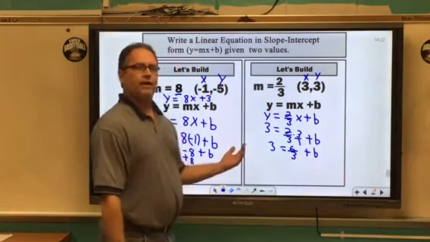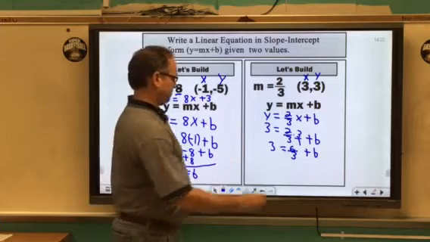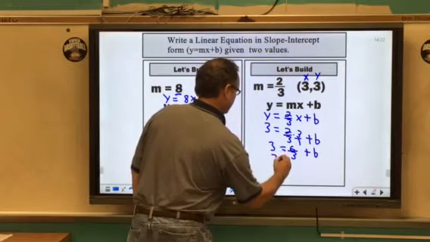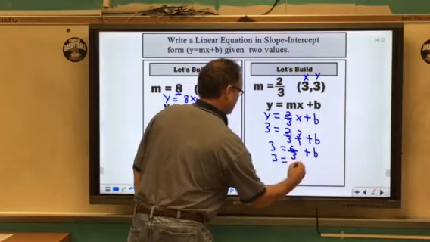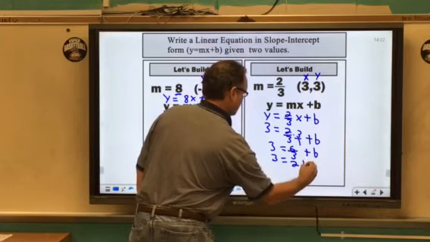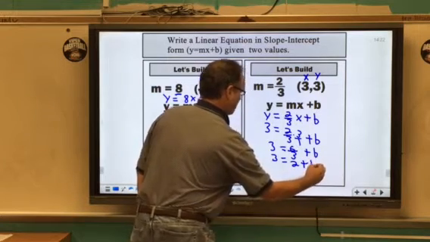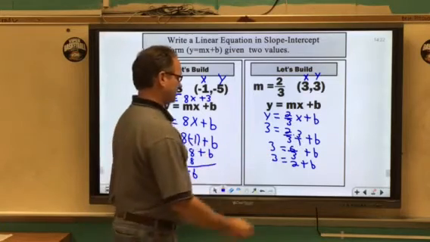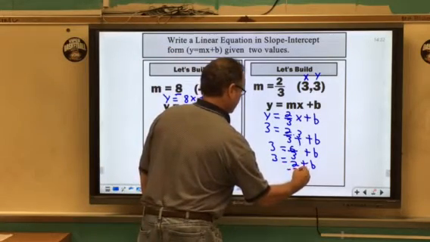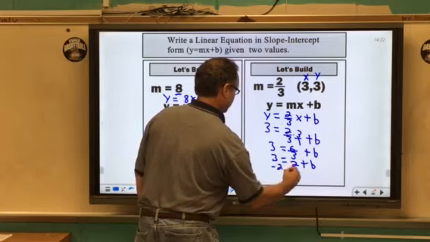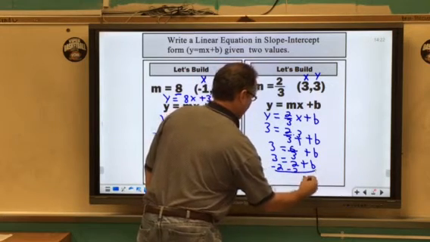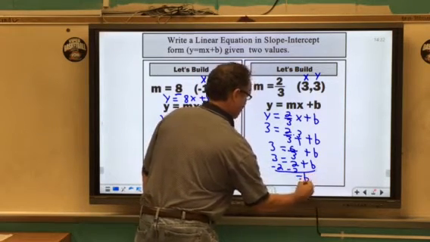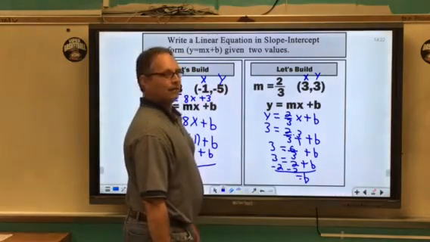What is 6/3? 2. And we've got a simple one-step equation. We're going to take the 2, subtract it from both sides. So my b will be what? 1.